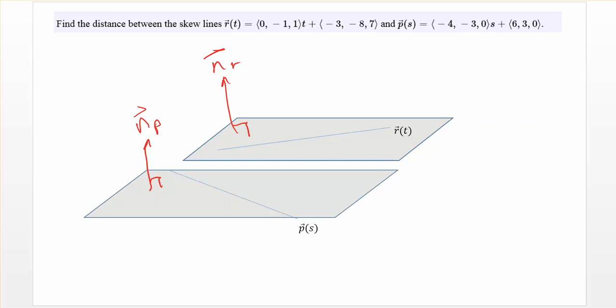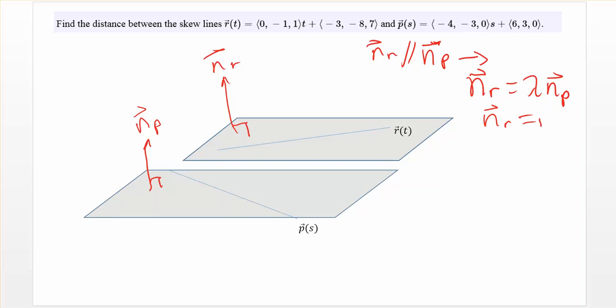These normal vectors are parallel because the planes are parallel. So nr is parallel to np. That means that nr is equal to some lambda np. I'm just going to let them equal each other because I can.